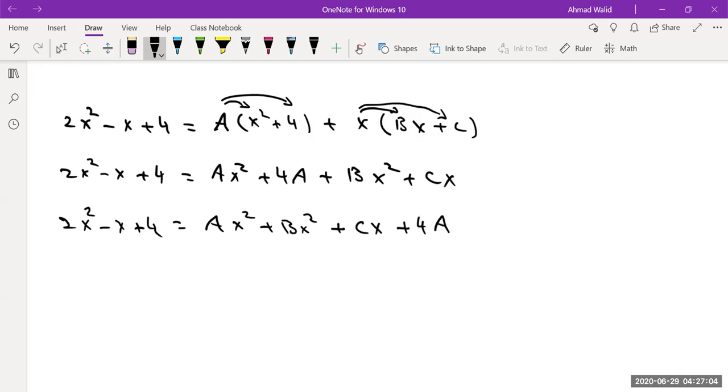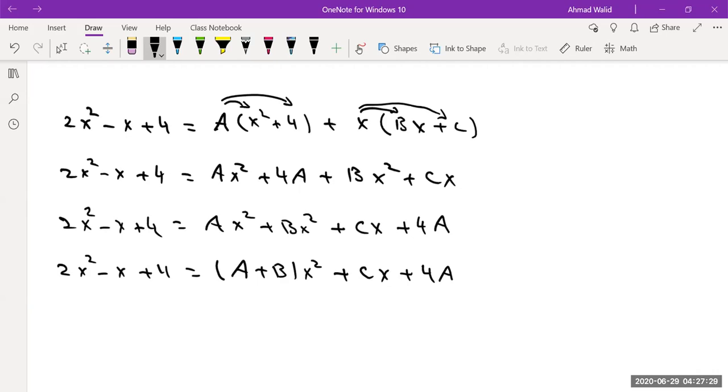The next step was to factor x squared. Then 2x squared minus x plus 4 equals, if I factor x squared, A plus B, since x squared is common in both, plus Cx plus 4A.